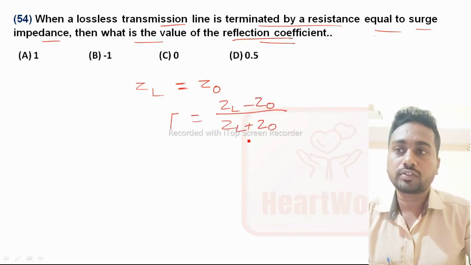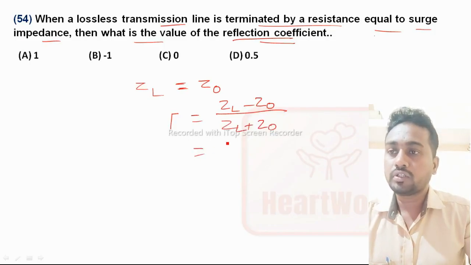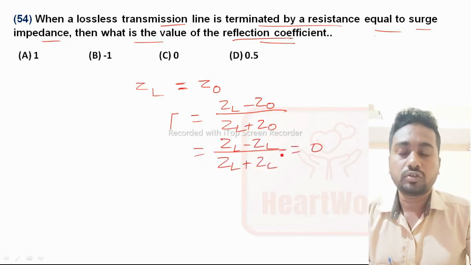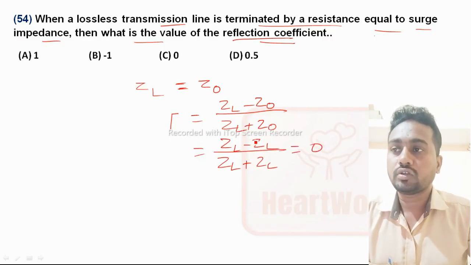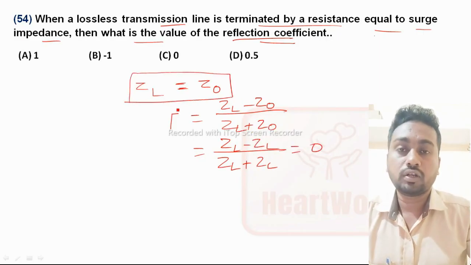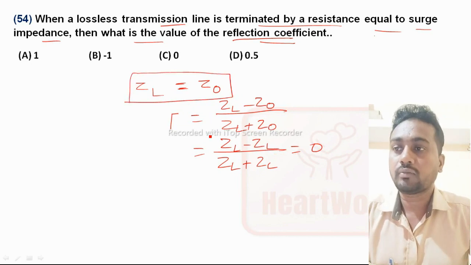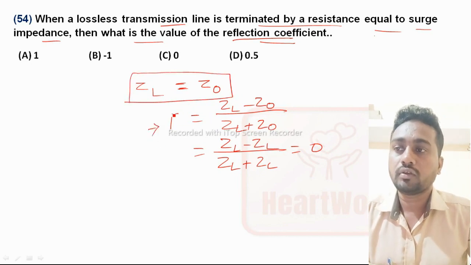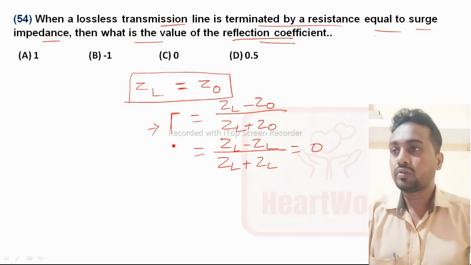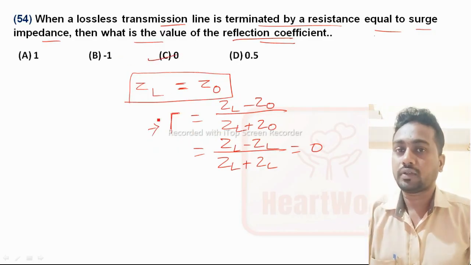Putting ZL minus ZL divided by ZL plus ZL, it will come 0. So the reflection coefficient is always 0 whenever the load impedance equals the characteristic impedance. Option C is the right answer.